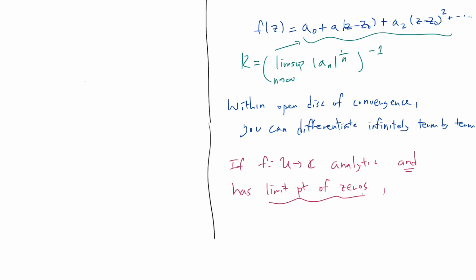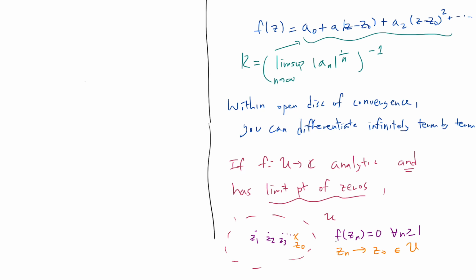What I mean by this is, for example, you have U, and then you have some zeros, say c1, c2, c3, c4, c5, c6, where f of cn is equal to 0 for all n. And these are converging to some point, say c naught, where cn is converging to some c naught in U.